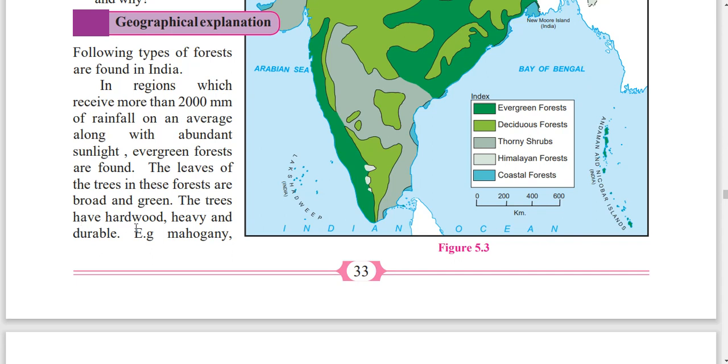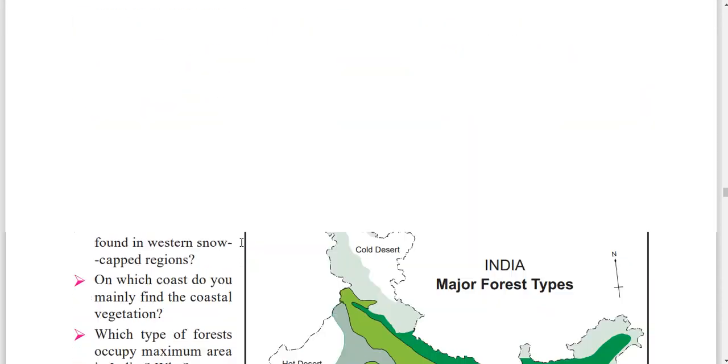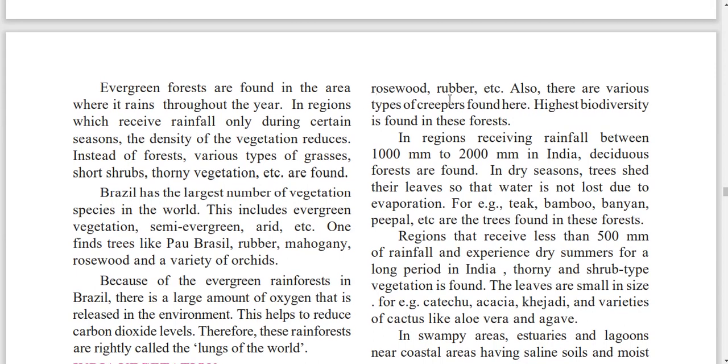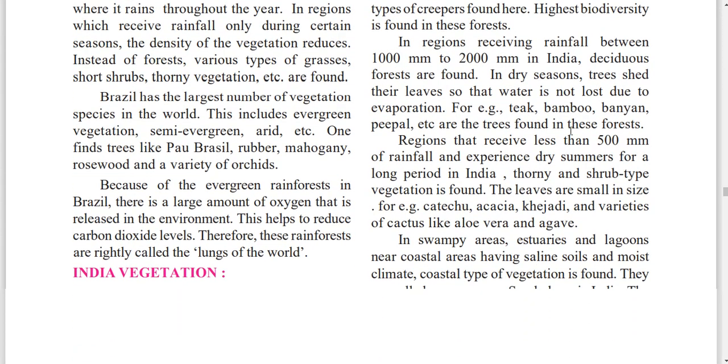The trees have hardwood, heavy and durable. Examples: mahogany, rosewood, rubber, etc. Also, there are various types of creepers found here. Highest biodiversity is found in these forests.